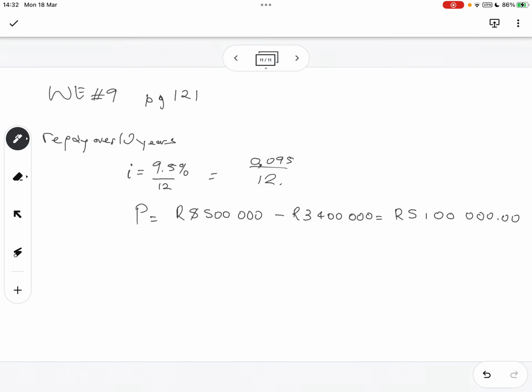Now if we want to determine, first we have to calculate his monthly repayments. So he must get a loan of 5.1 million rand, right? Could do a lot of things with that money.